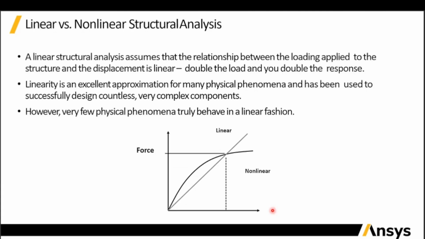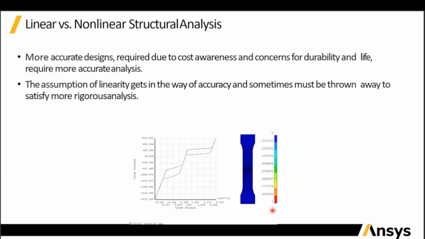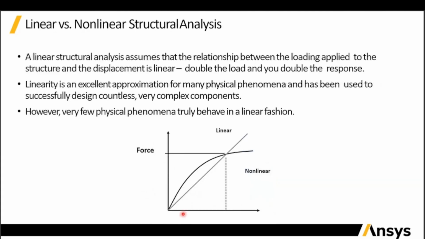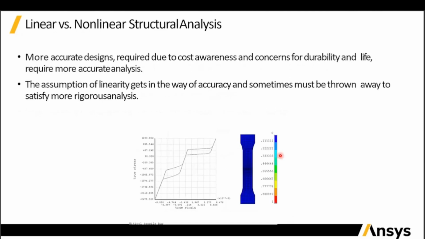However, few physical phenomena truly behave in a linear fashion. There are nonlinear behaviors as well. You can see this curved graph, where force is not directly proportional to displacement. So it is called the nonlinear behavior of your structure.